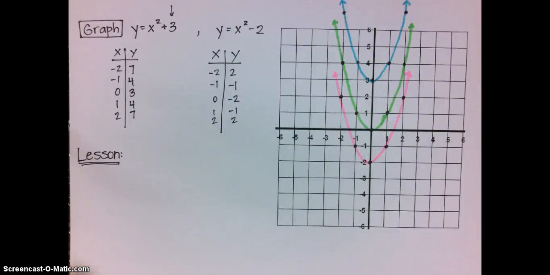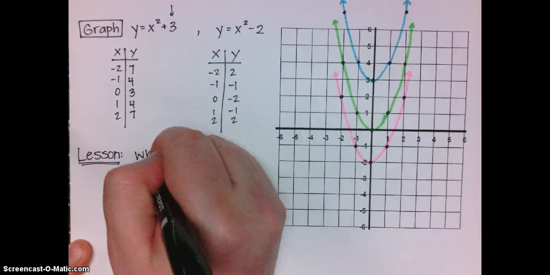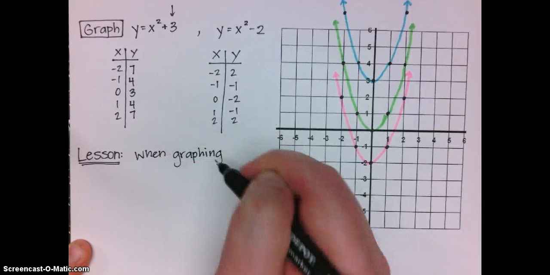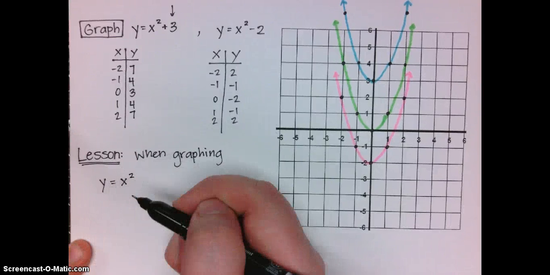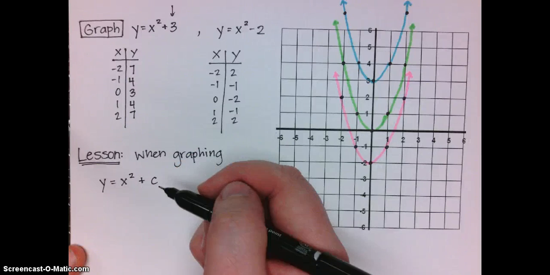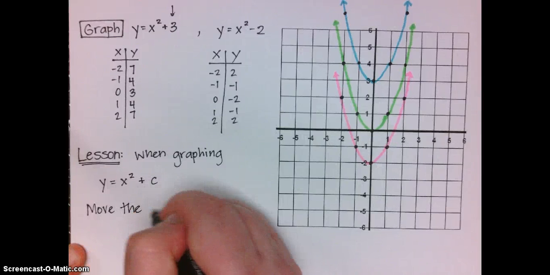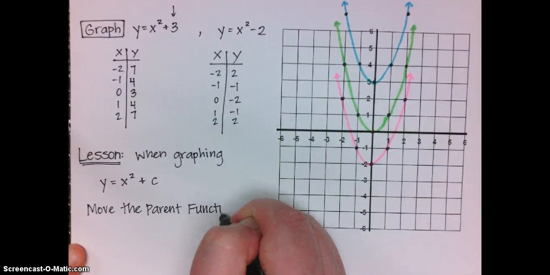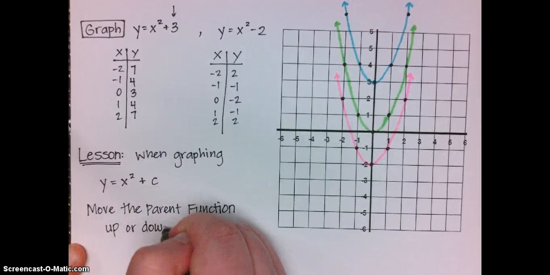So the rule, or the lesson that I want you to remember for this section is that when you are graphing a quadratic function where it looks like y is equal to x squared, which is the parent quadratic function, plus a number that is not equal to 0, you're going to move your parent function either up or down on the y-axis.